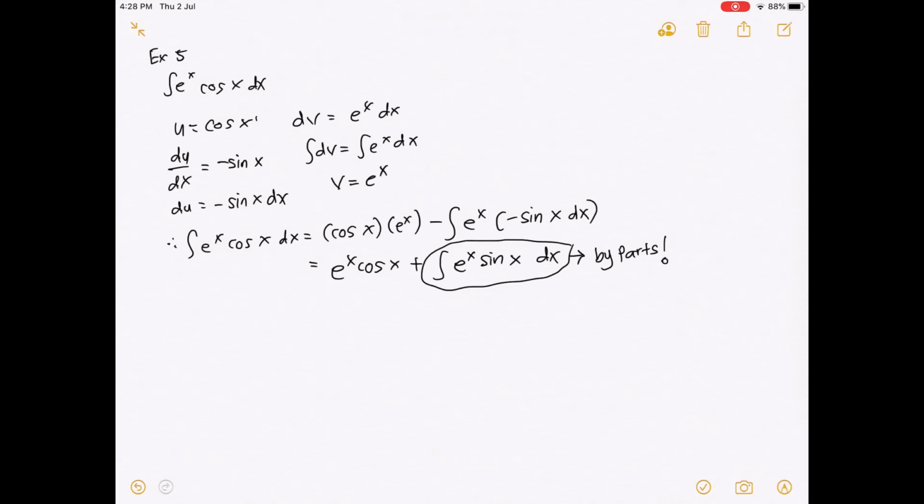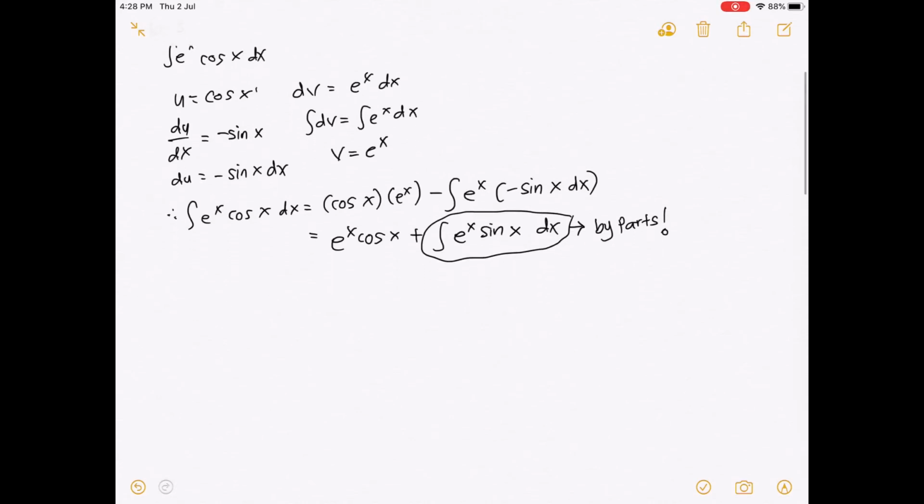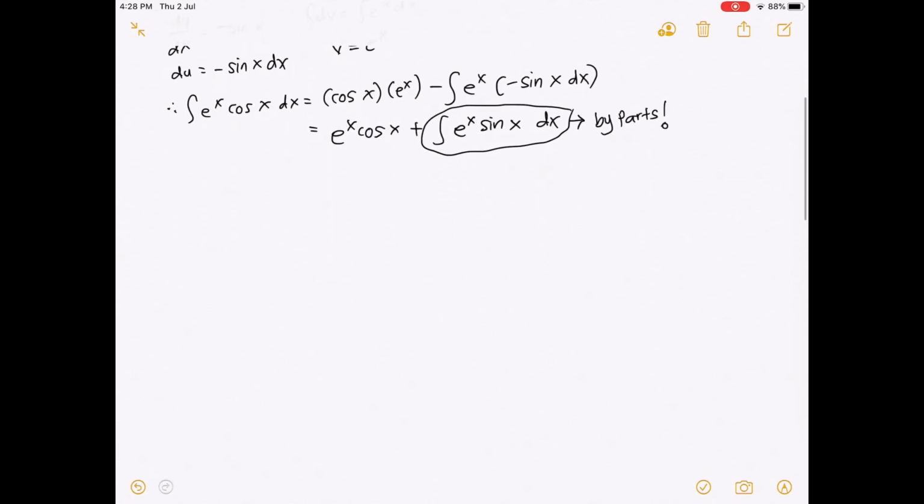So this is an example where the by parts technique must be applied several times to evaluate a given integral. Let's take this part only. Again, u is the trigo function, so we choose u as sine now, and then dv is e^x dx.